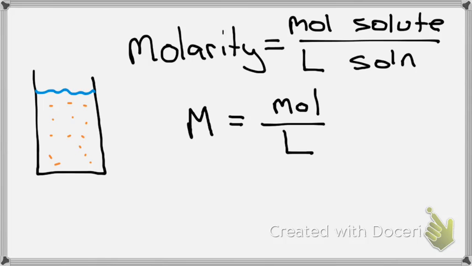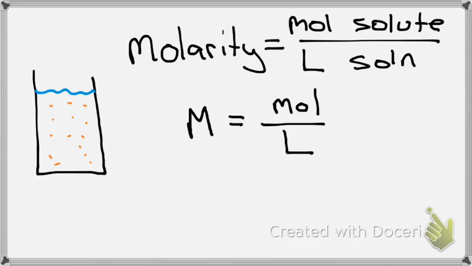So this is a nice new conversion unit that we are going to have right here, this moles per liter. Just like grams per mole is the conversion unit we use for molar mass, moles per liter is the conversion unit we'll use for molarity. All right, so molarity equals moles per liter.